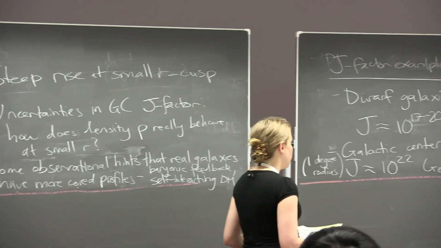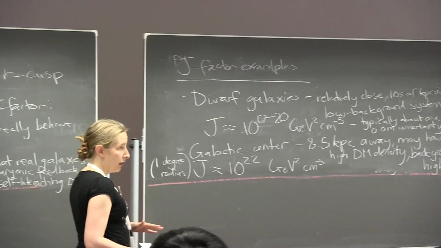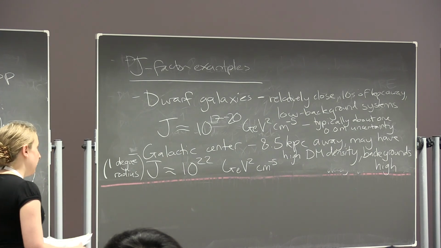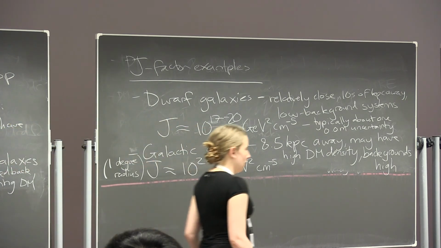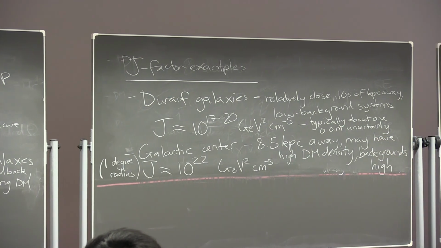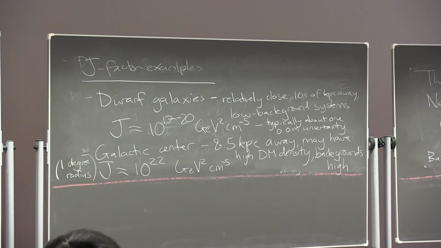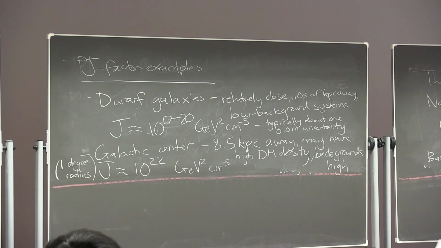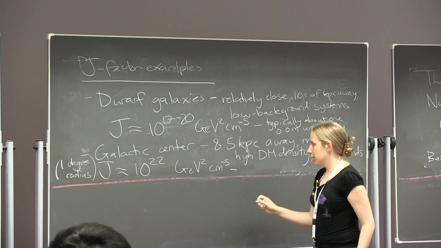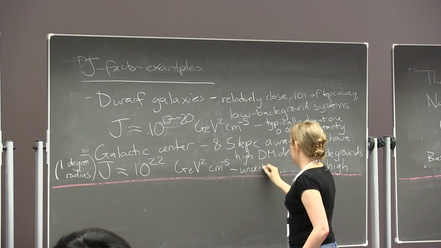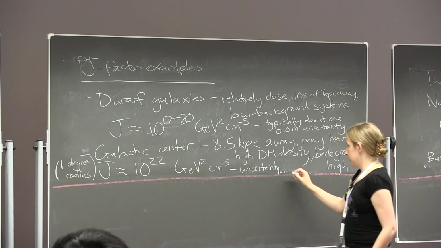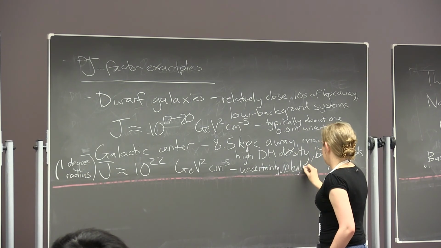It's probably worth doing searches there in case you see something, but it is fairly consistent with our current constraints if the dark matter density essentially flattened out at radii not much smaller than the distance of the Sun from the Galactic Centre. So the uncertainty on this is not associated with modeling any observations. It's uncertainty in the halo model.